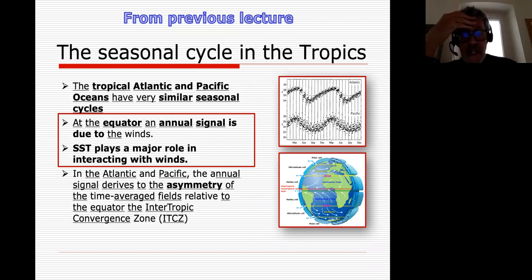Obviously, the sun is always burning in this belt, and so the wind is the modulator of the annual signal. However, SST is also important, as we saw, in its interaction with the winds, exchanging heat with or receiving heat from evaporation.